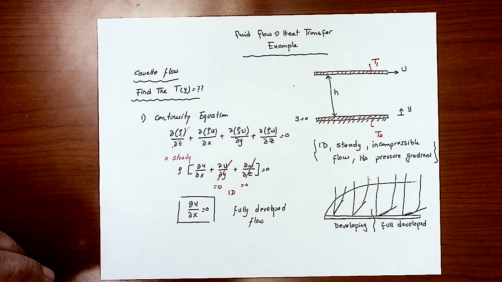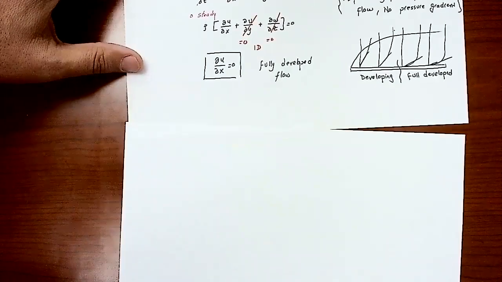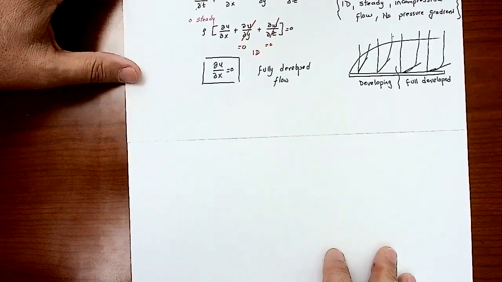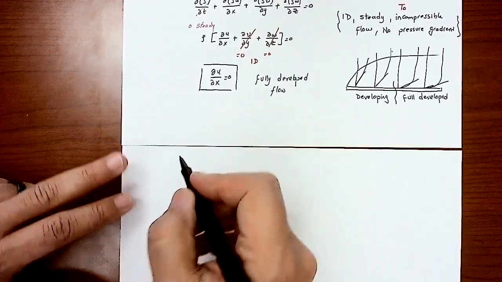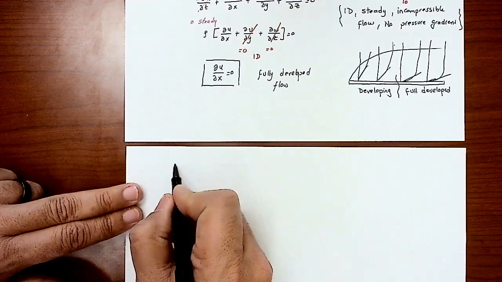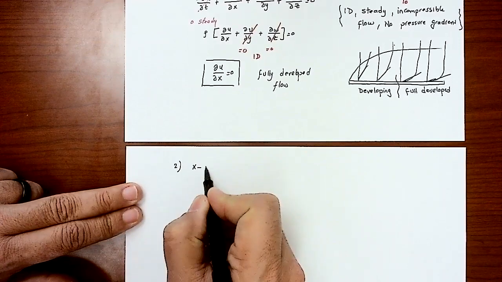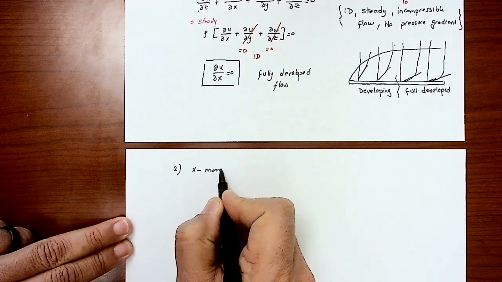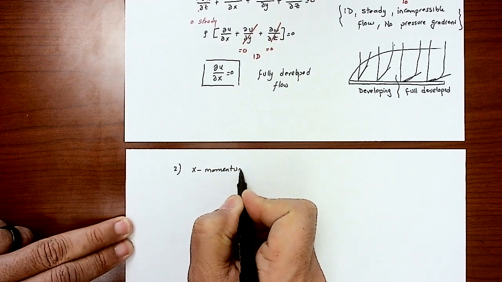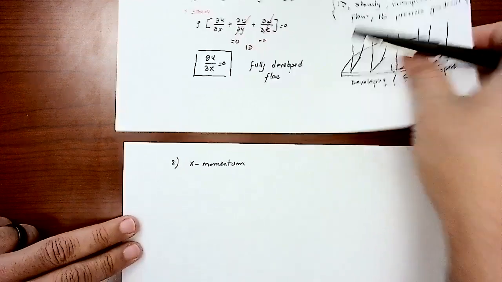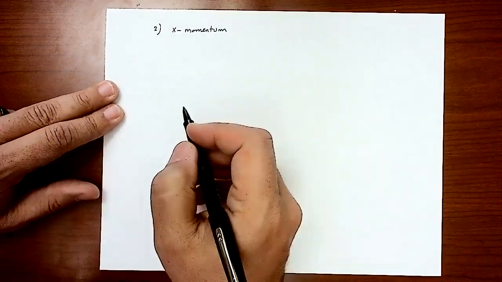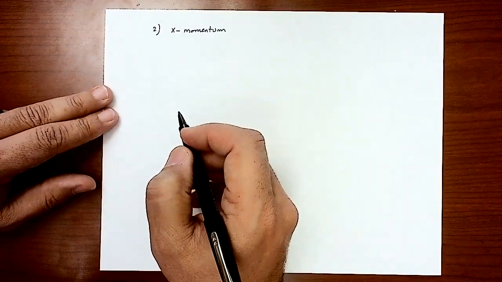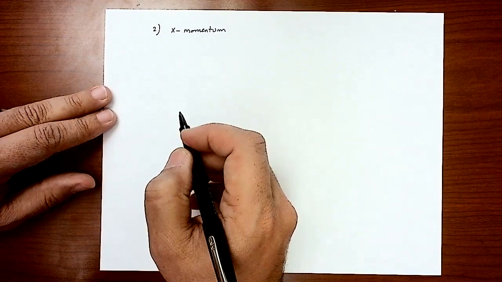So the next governing equation will be the momentum equation. And in this case, I will do the x momentum since we have only one dimension. So I'm going to need the x momentum equation. So the x momentum equation will be, again, remember, we have a steady flow and incompressible flow.